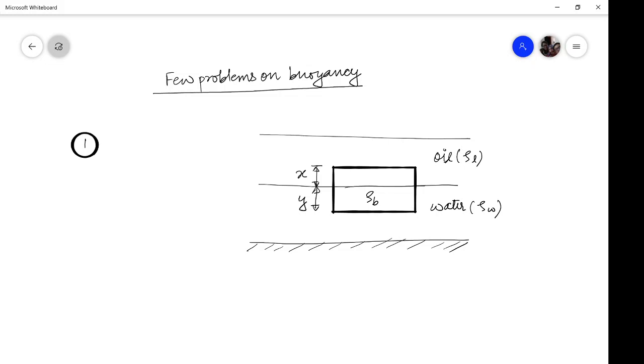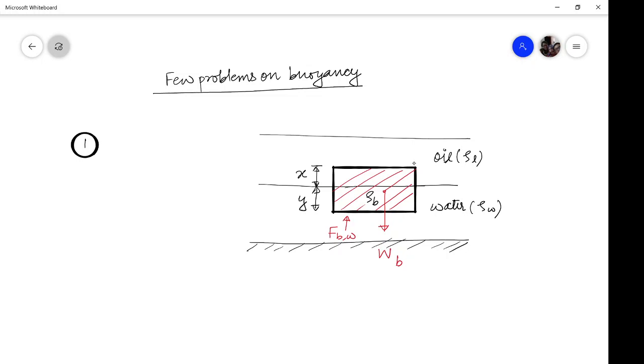Now, how to proceed with the problem? Look, what are the forces acting on this block? First is the weight of the block. Second is the buoyancy force due to water.